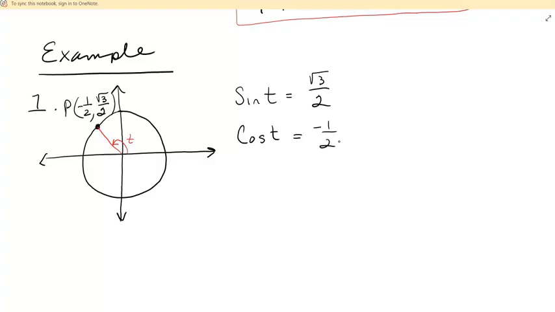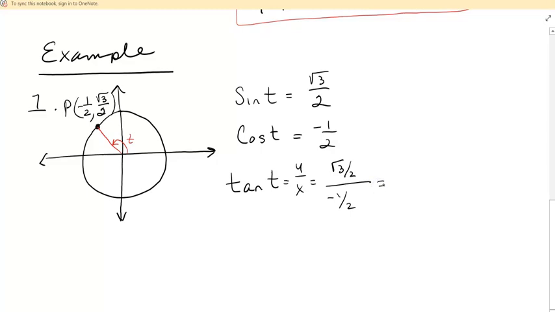And this problem will help us also to recall how to do some simplifying. Tan of t: well, to do tan of t, we need to do a little bit of work. We know tan of t is y over x. So it's square root of 3 over 2 divided by negative 1/2.